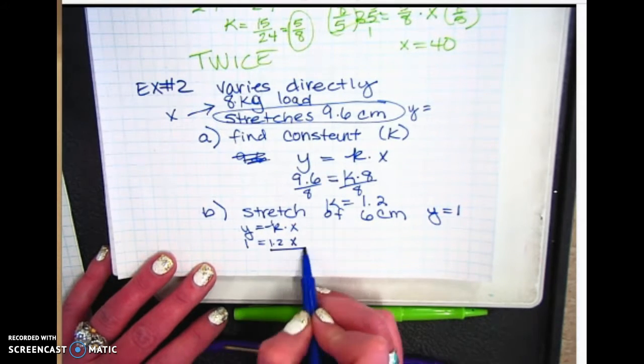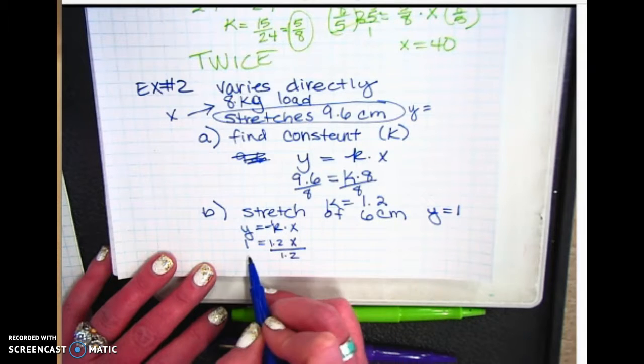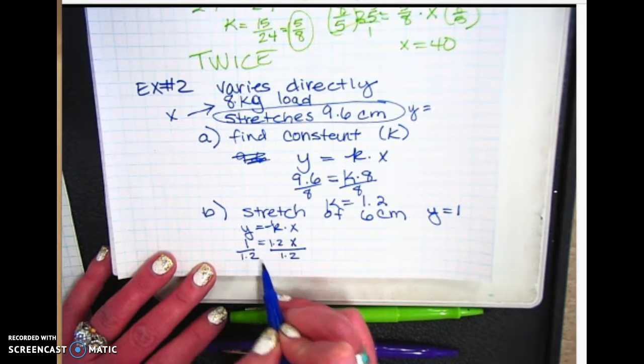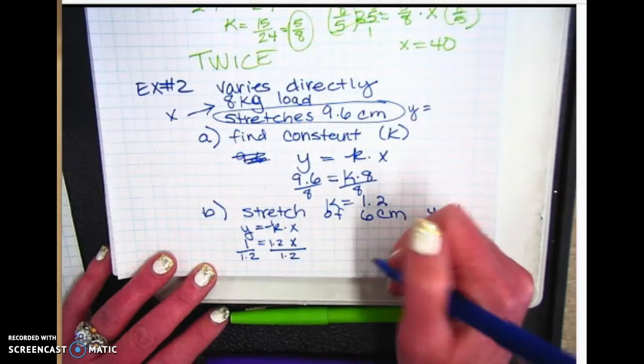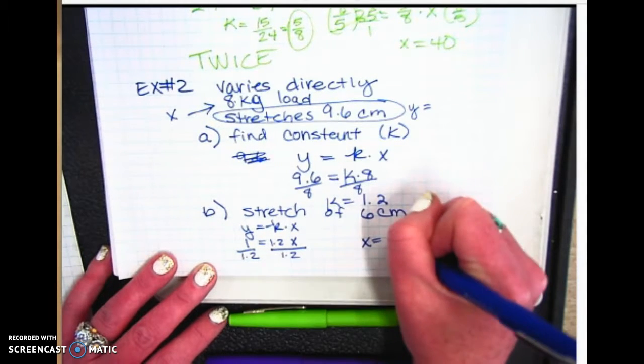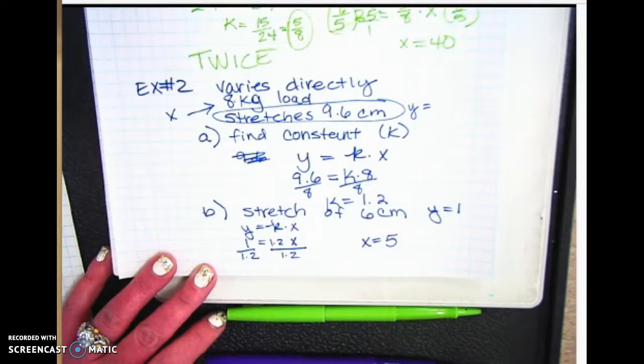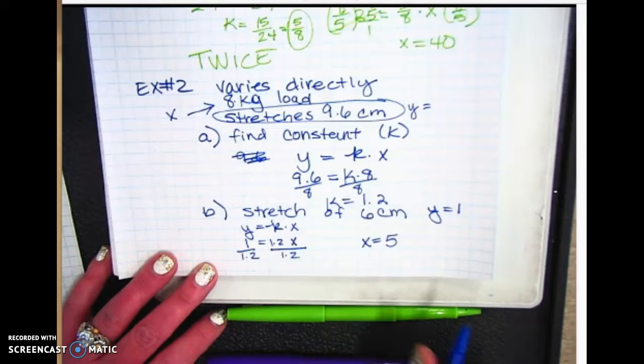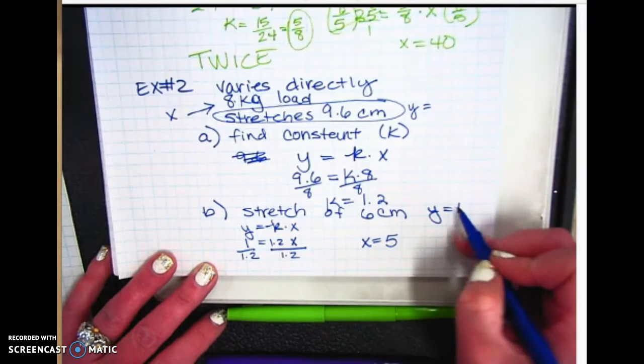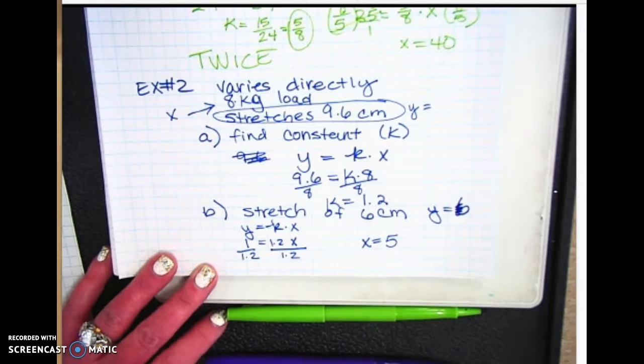So if we take this and divide by 1.2, we're going to get x is equal to 5. Oh, no, it's 6.